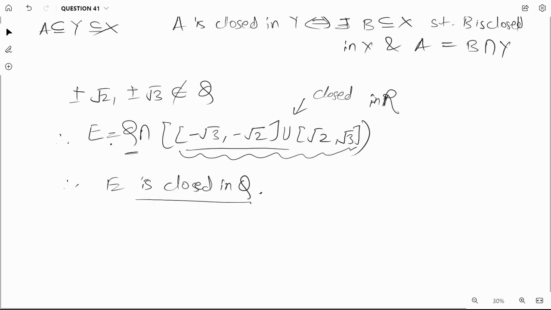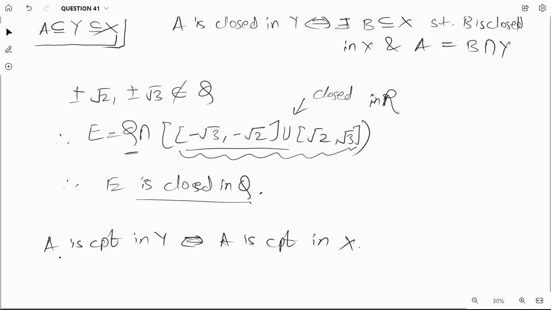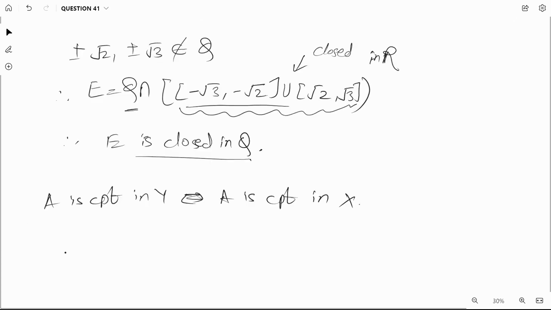Okay, now let us check if E is compact. For that also we have one theorem. Consider the same hypothesis as this theorem. Then we say A is compact in Y if and only if A is compact in X. So using this theorem we can check if E is compact in Q. Now note that E is equal to Q intersection (minus root 3, minus root 2) union (root 2, root 3).